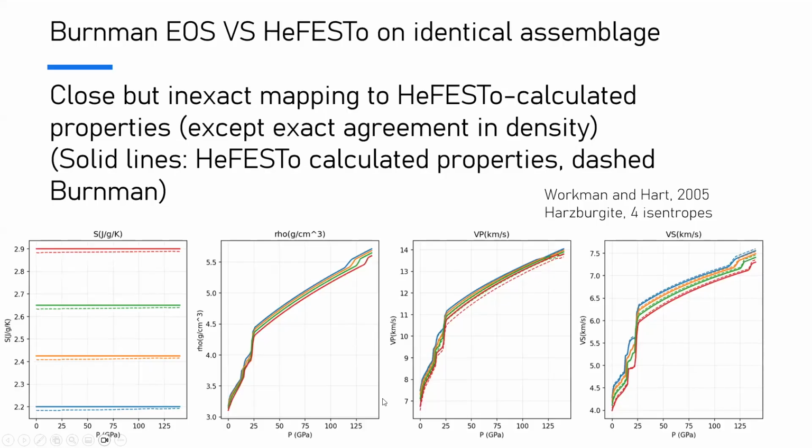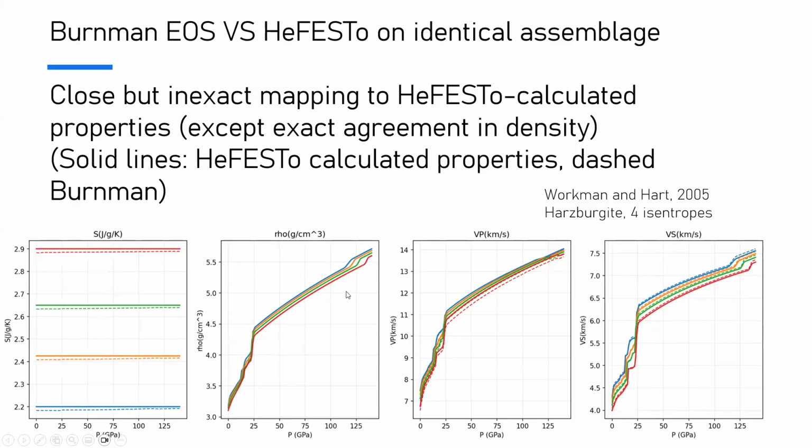Okay, so now I'm going to benchmark the equations of state from my implementation of Burnman against the outputs from HeFESTO. This is 4 isentropes. And just as a benchmark, we're looking at density, velocity of P waves, and velocity of S waves. The dotted lines are the Burnman calculations, and the solid lines are the direct outputs from HeFESTO.